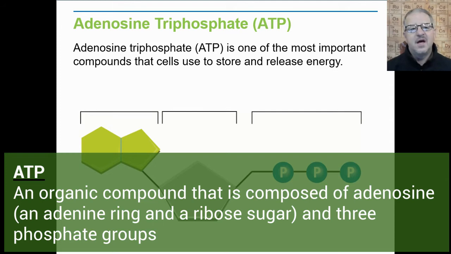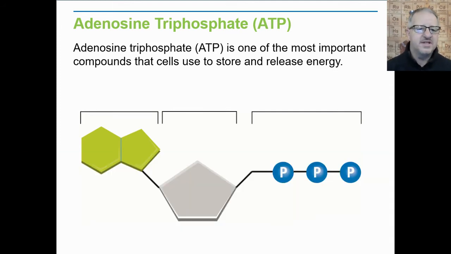This really is probably one of the most important compounds available to cells that stores and allows for the release of energy. So adenosine triphosphate is actually made up of three sections, and we can break those down into these three chemical components. We've got the first section here, which is our adenine section.